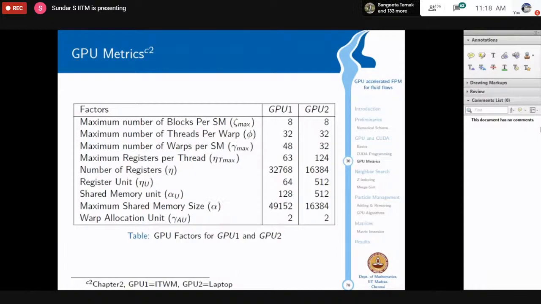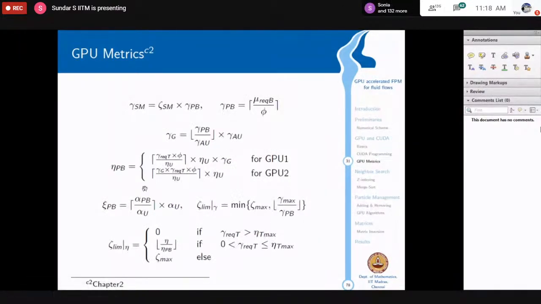Unless you know the architecture and the configuration of the GPU, what is happening there, we cannot compare. As a scientific computing person, you should know the GPU architecture, otherwise it will be impossible to compare speed up or have a metric on it. So I have shown you GPU1 and GPU2.